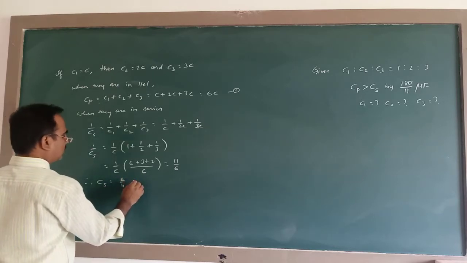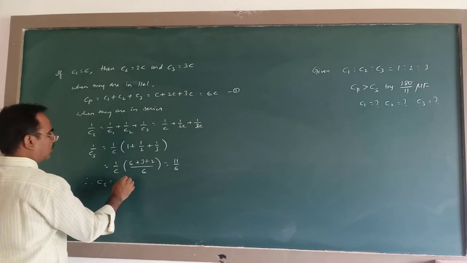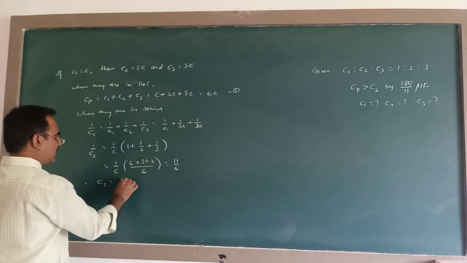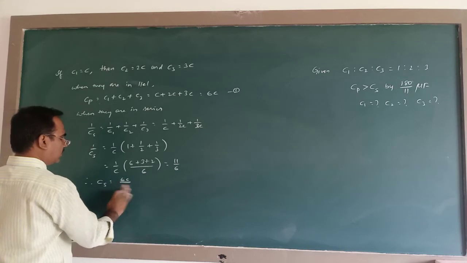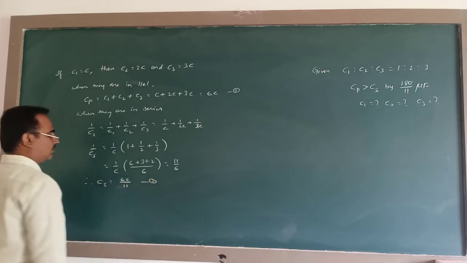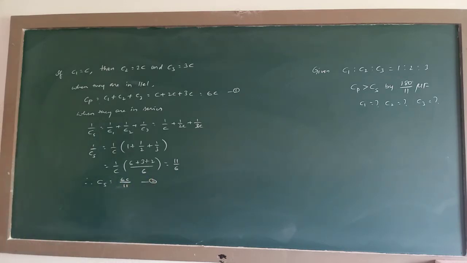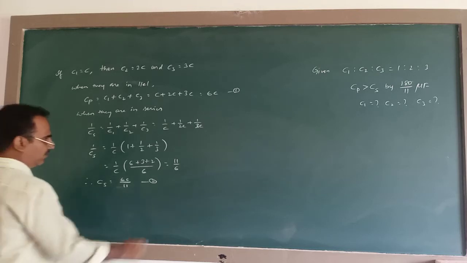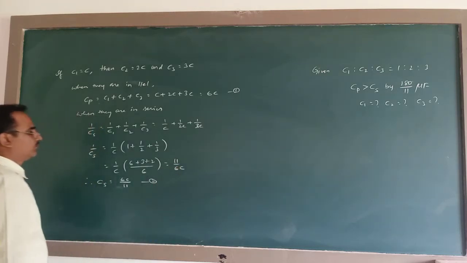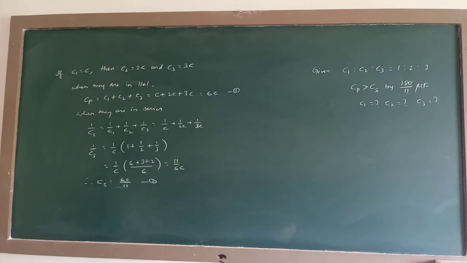This is equation 2. 6C divided by 11, that is CS.